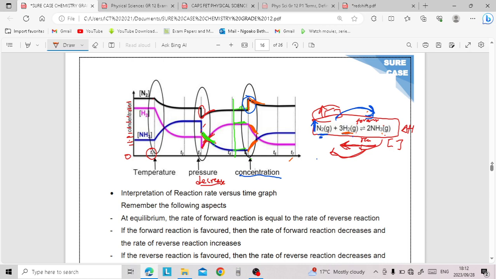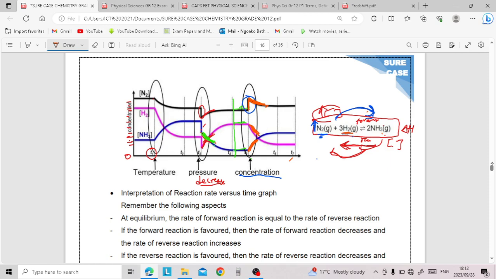After the addition, it must decrease so that the reaction can balance again, while the reactants decrease so that NH3 can increase. That will be the factor for concentration.